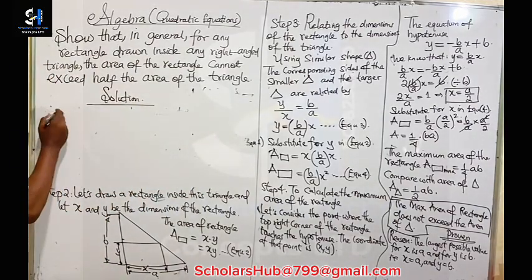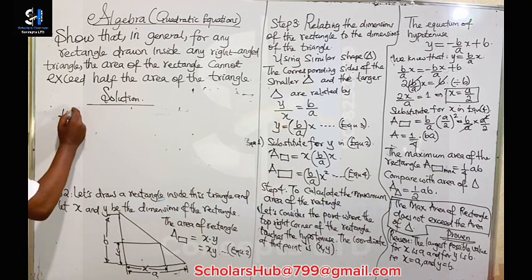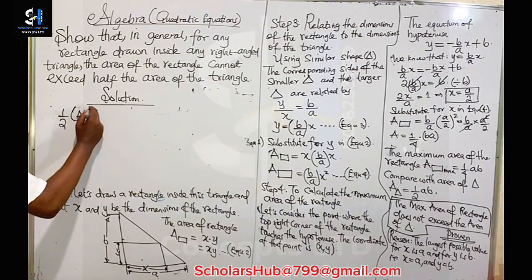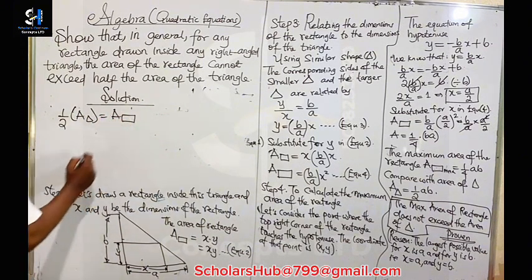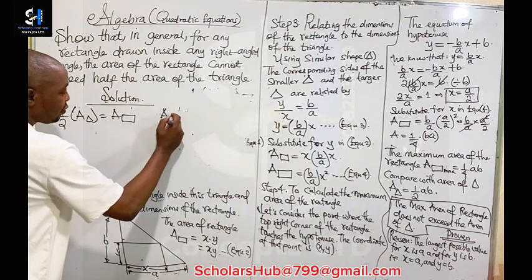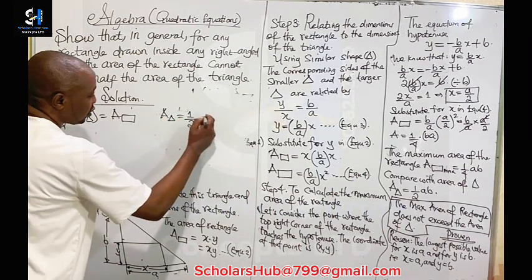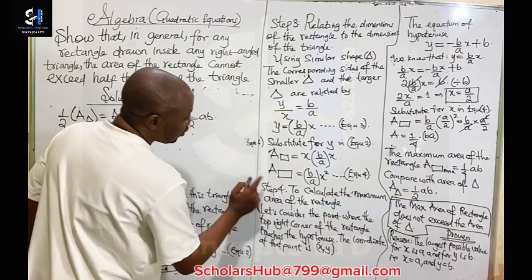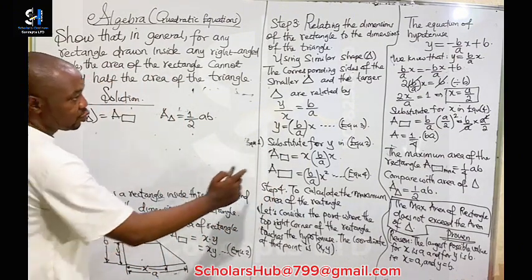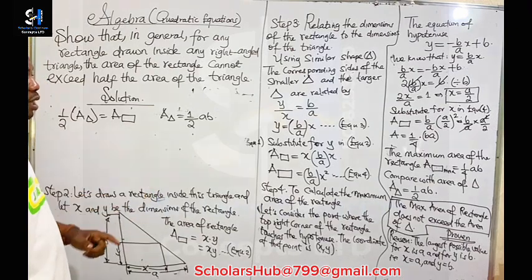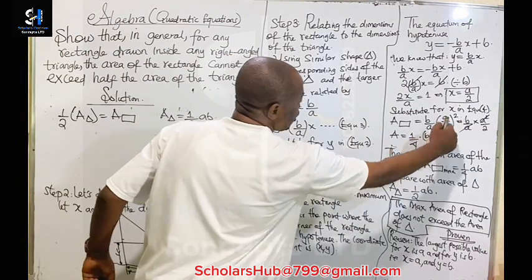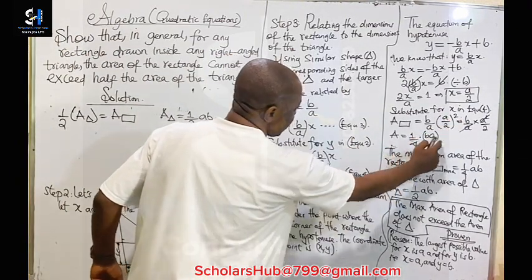So that means 1/2 times the area of the triangle is equal to the area of the rectangle. And we know that the area of the triangle is 1/2 AB. So we have 1/2 AB, and I explained why after we substitute we get 1/4 times AB.